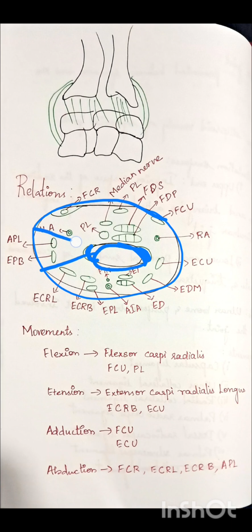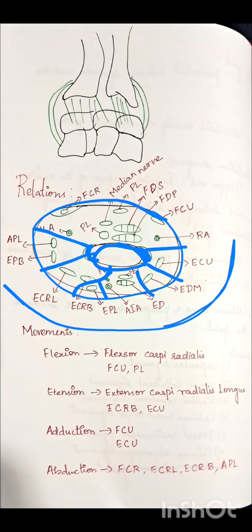This is the first compartment of the extensor retinaculum, and this is the second and third, and we have the fourth, fifth and sixth compartments. So these are the contents of that particular compartment. So we have 6 compartments in the extensor retinaculum. The extensor retinaculum is present at the back of the wrist joint.